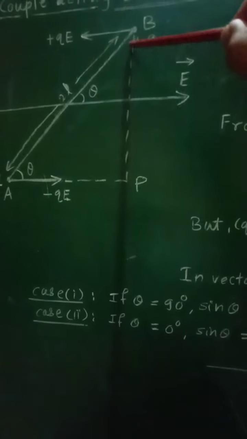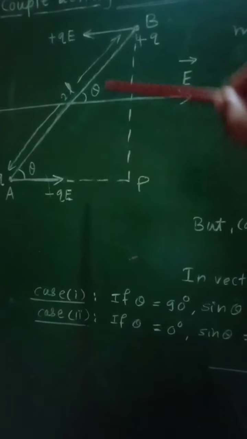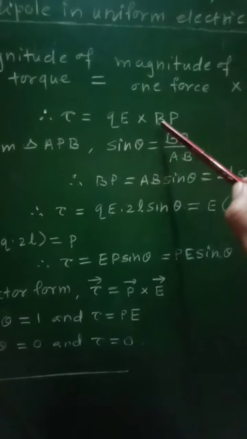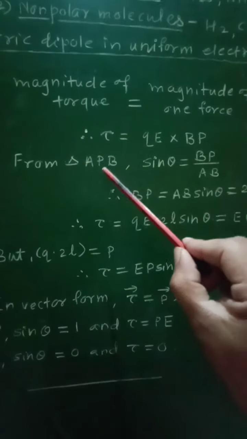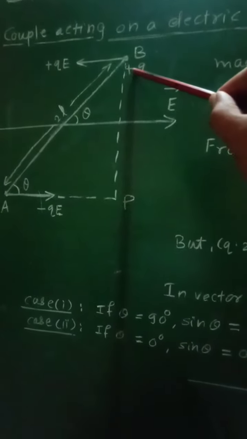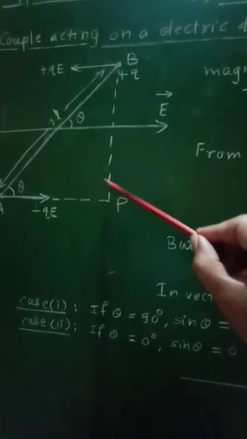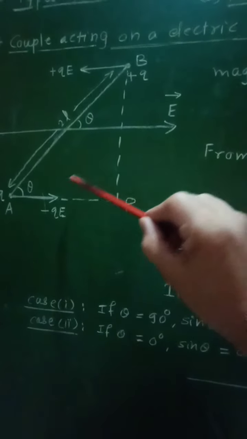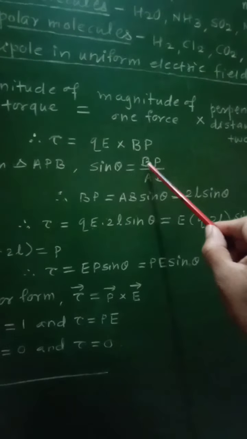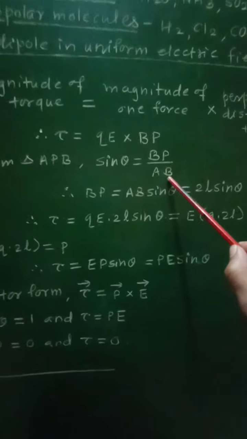So this BP will represent the perpendicular distance between these two forces, and therefore we can write the couple or torque equal to QE into BP. But if you consider triangle APB, from this triangle we need the value of BP, therefore we will define sine of this angle theta, and therefore sine theta will be equal to BP upon AB.